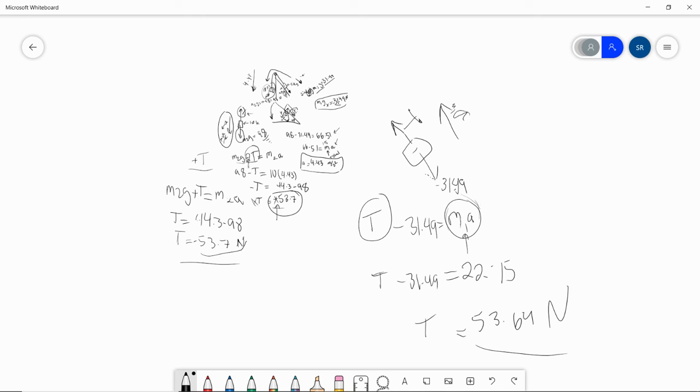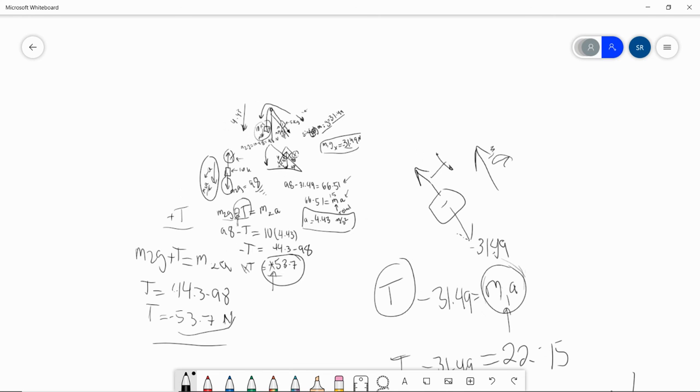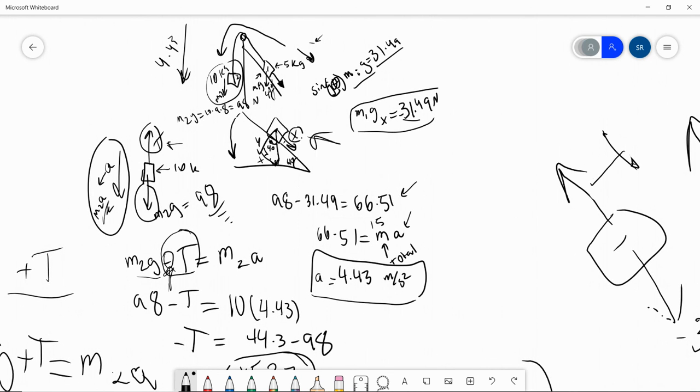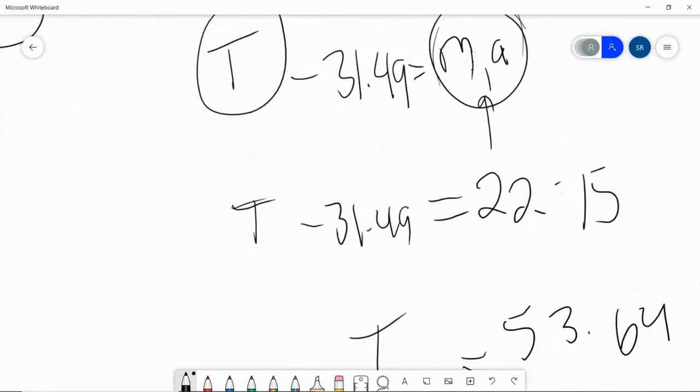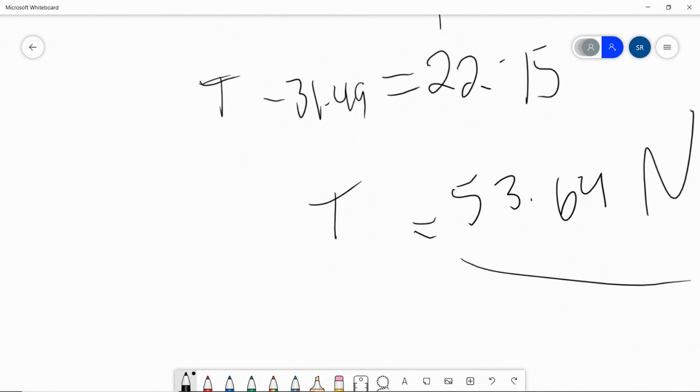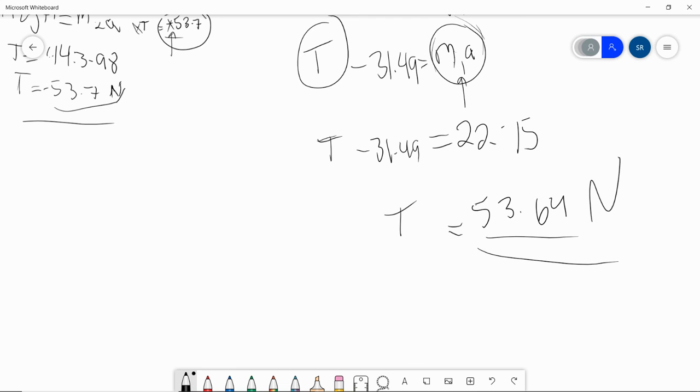And on box one, it is going to be moved by that tension. And that's how it propels its movement throughout the system. And that's why the tension here is positive.